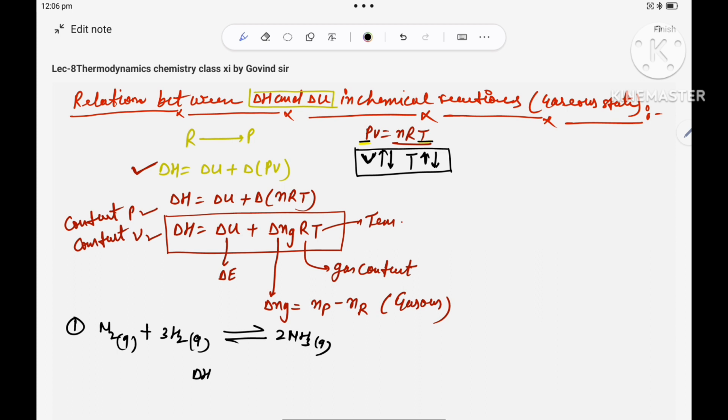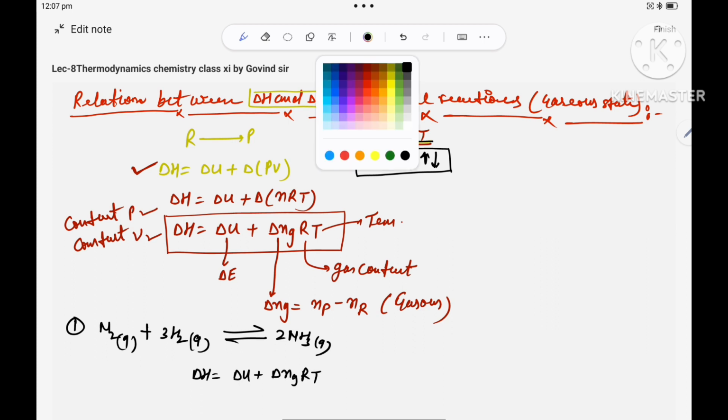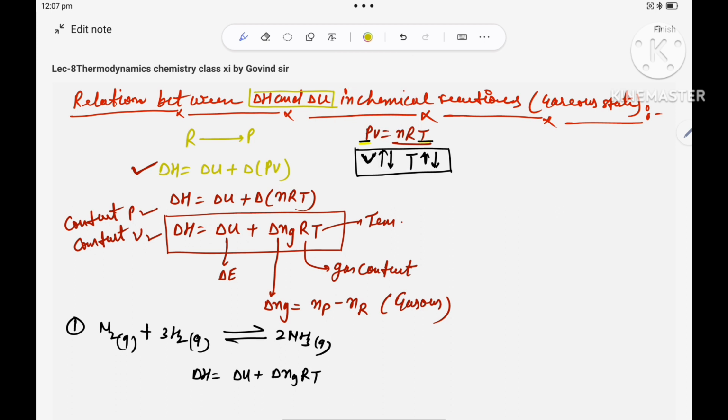Delta H is equal to delta U plus delta Ng RT. Calculate it. So delta Ng is what? Np minus Nr. Product how many moles? 2, reactant 4. So it is minus 2. So delta H is delta U minus 2RT.